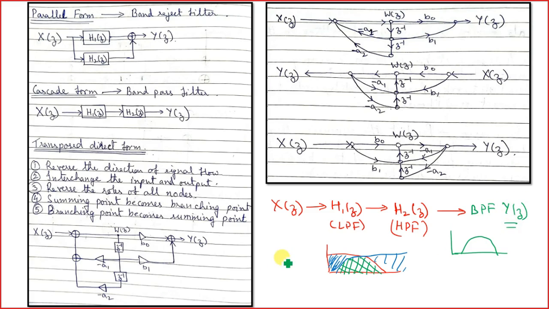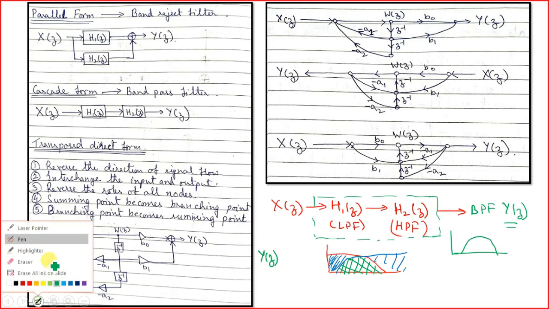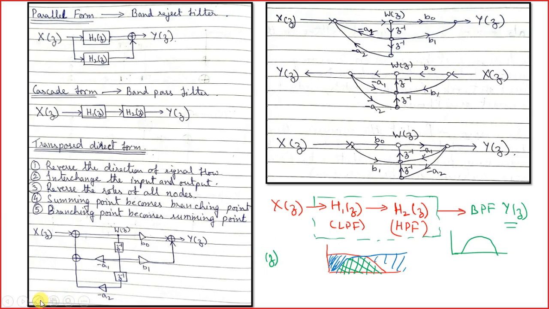Now in this case, again, just like in the parallel form realization, we are having two subsystems. Over here also we are having two subsystems. Now our HZ is given by H1Z multiplied by H2Z.